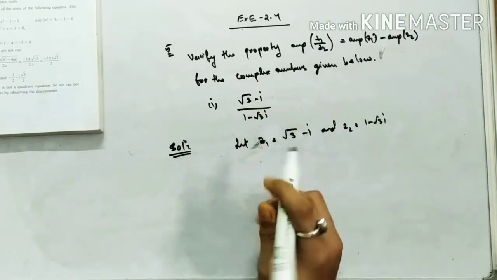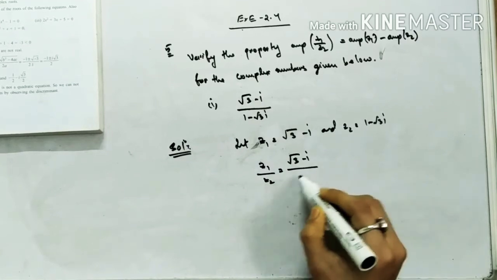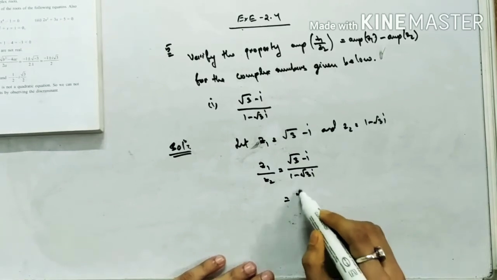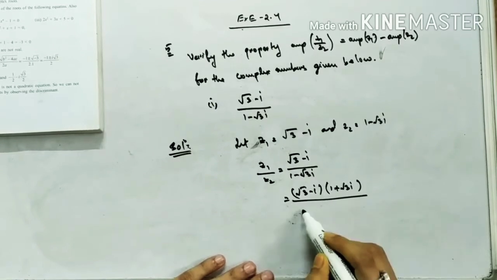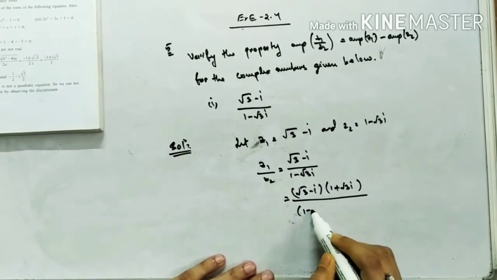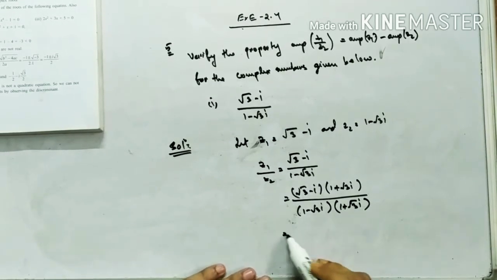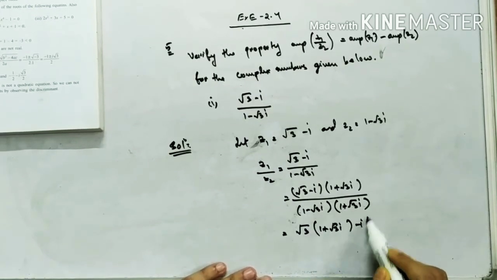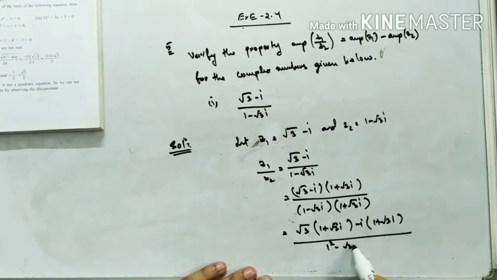So now Z1 by Z2 is equal to root 3 minus i by 1 minus root 3 i, which is equal to root 3 minus i times 1 plus root 3 i, and 1 minus root 3 i times 1 plus root 3 i. So this is equal to root 3 times 1 plus root 3 i minus i times 1 plus root 3 i by 1 square minus root 3 i the whole square.